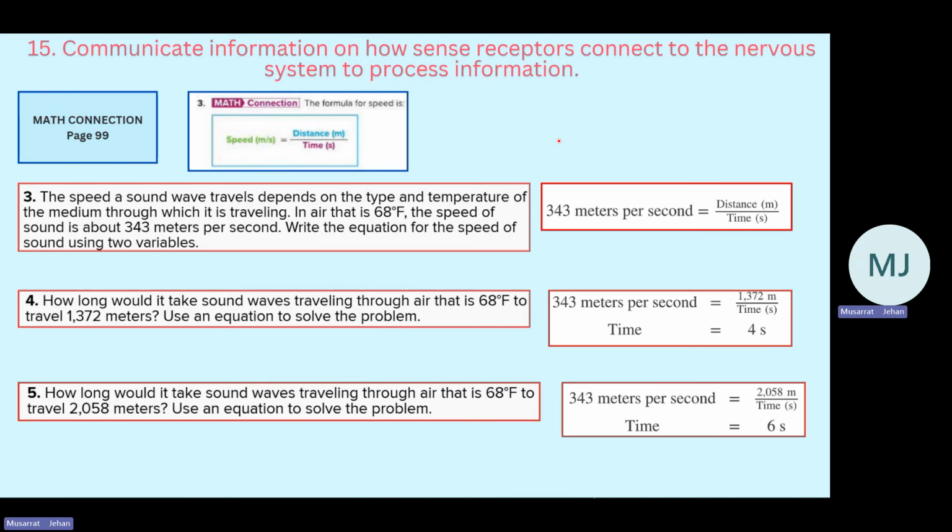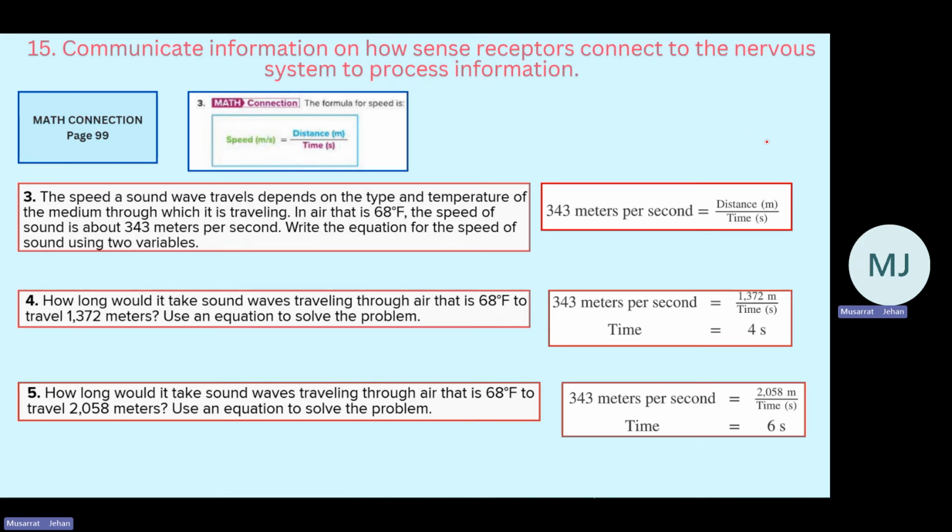Okay. So we can use the formula for time also. If you have to calculate time, you say time equals distance divided by speed. If you remember, I told you in class about the triangle. If you get confused, you can use the triangle. Here you have distance, and here you have speed and time.